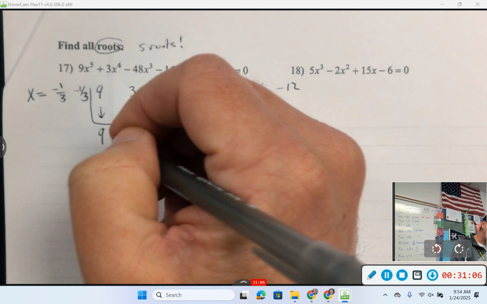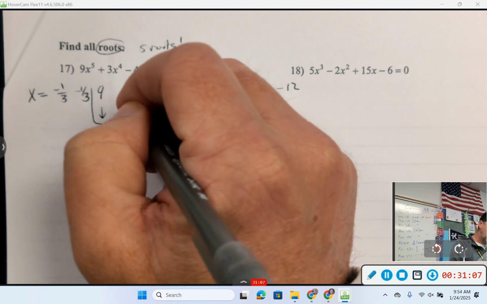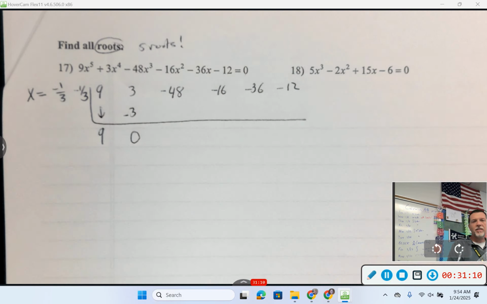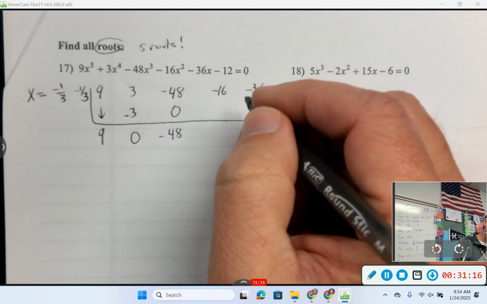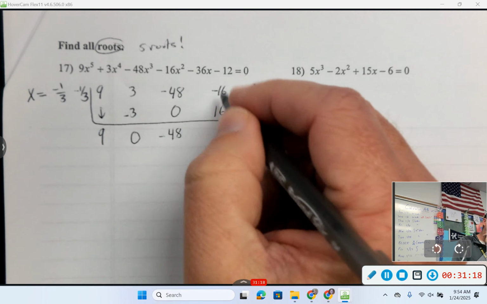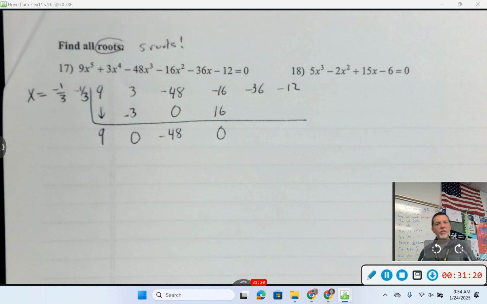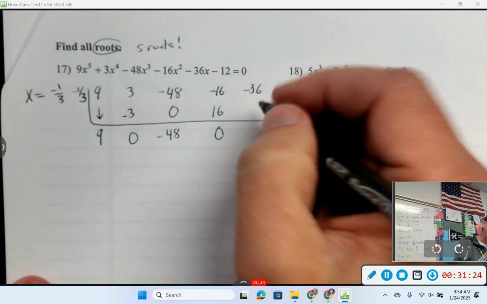Copy down the 9. Negative 3. Oh, that's nice, I guess. And you've got a calculator, so if you're struggling with 48 divided by 3, don't mess it up when you've got a calculator right there.